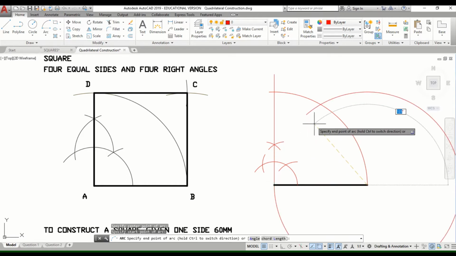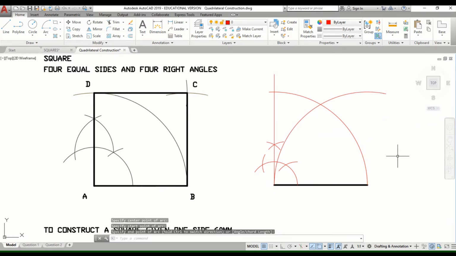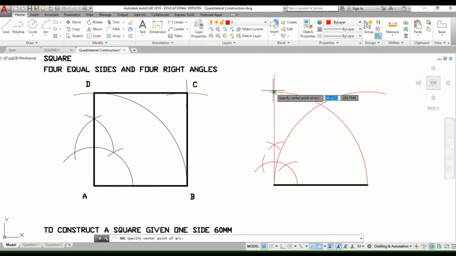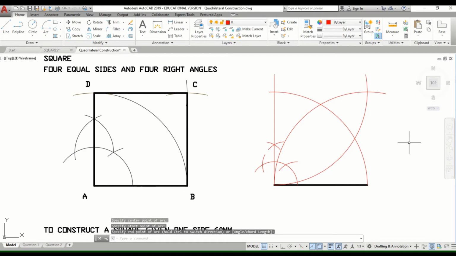Remember, you press Control if you want to draw the arc in the opposite direction, and we do all our arcs from the given points. Where these two arcs intersect, that would be the completion of our square.